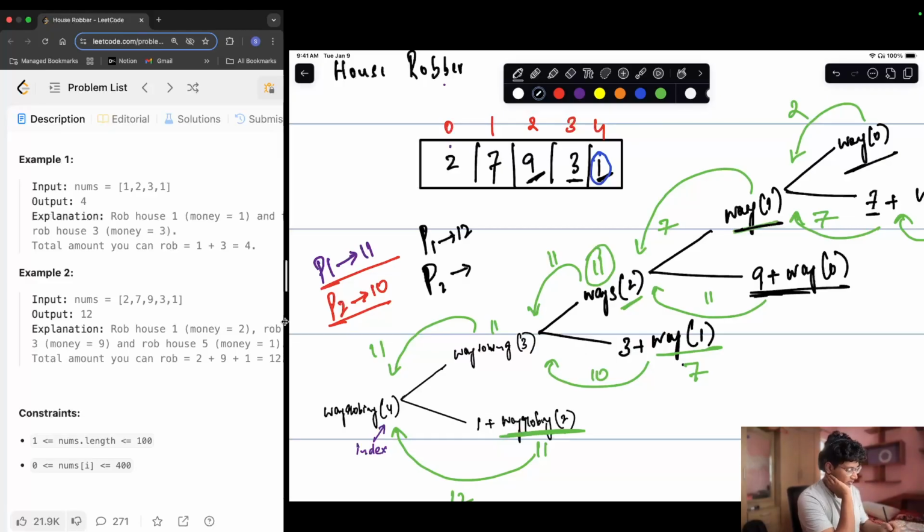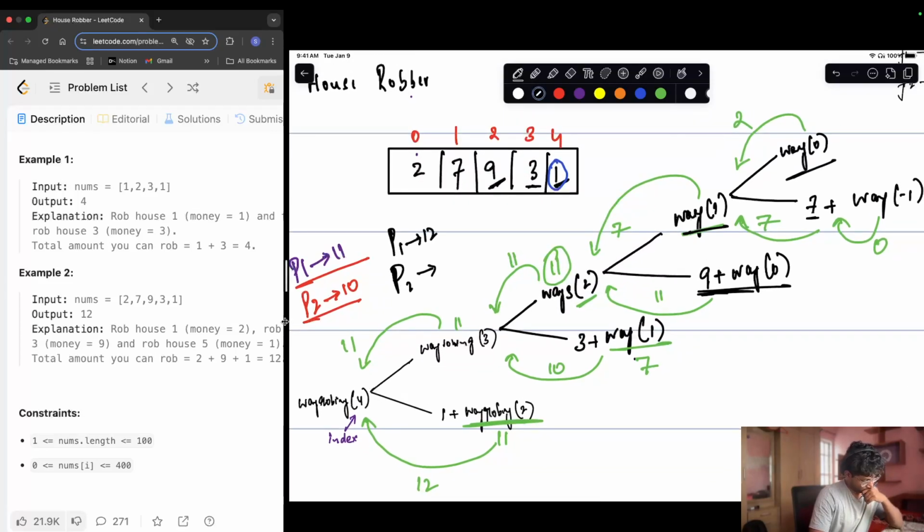Right, but possibility 2 is 10, but I'm receiving 11 over here.